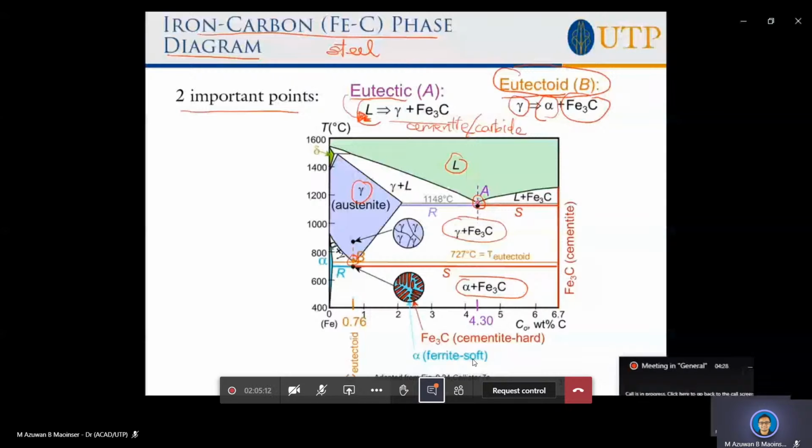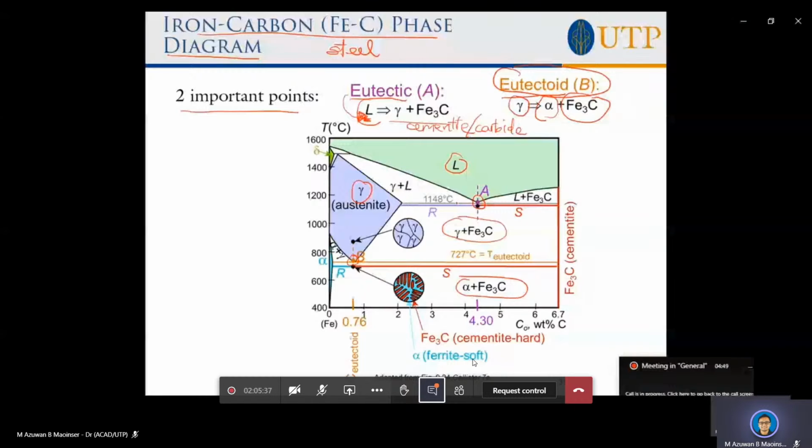So I would have liquid, I have cementite, I have gamma coming to equilibrium all at one point. Over here I have austenite and I have alpha and cementite coming to equilibrium at this point. So eutectoid point here and eutectic point are important. You should be able to write this transformation, okay, reaction, and also this one.